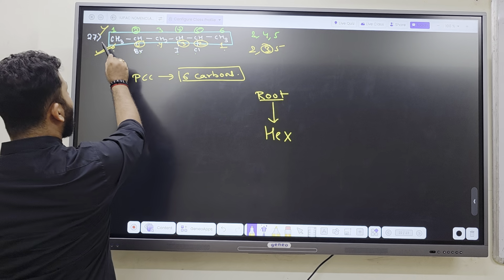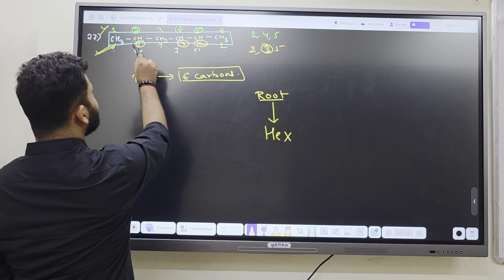Since all these guys are single bonded, your primary suffix would become ane. Single bonds, ane, alkene. Double bond, alkene, like that. The primary prefix is not present because primary prefix, as I told you in lecture 1, is cyclo, bicyclo, like that. So it's not there.